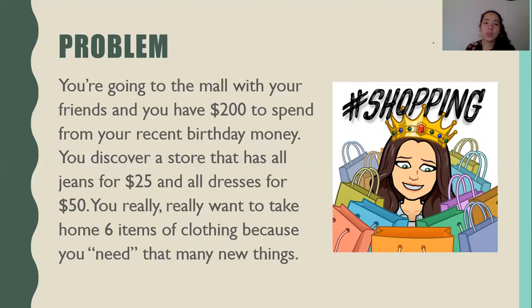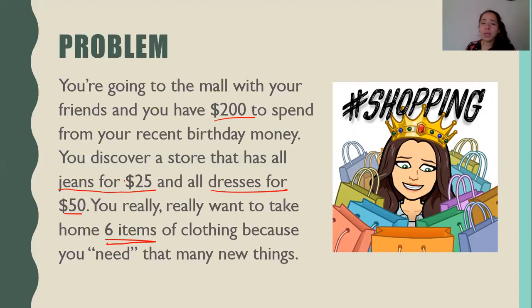The second read was what math information is given, and they tell you that you have $200 to spend. Jeans cost $25, dresses cost $50. The fact that you need to buy 6 items. That's all the math information they gave you.